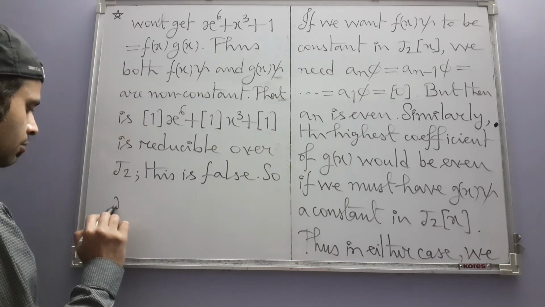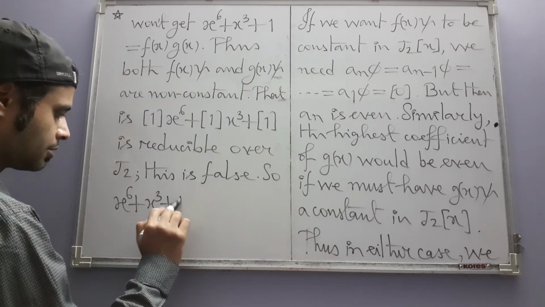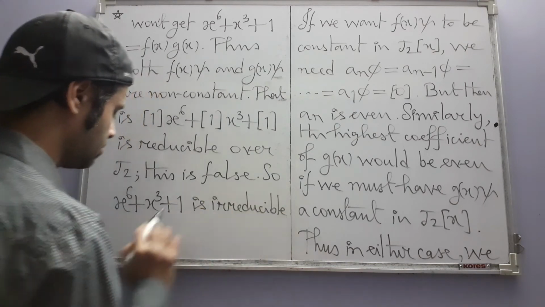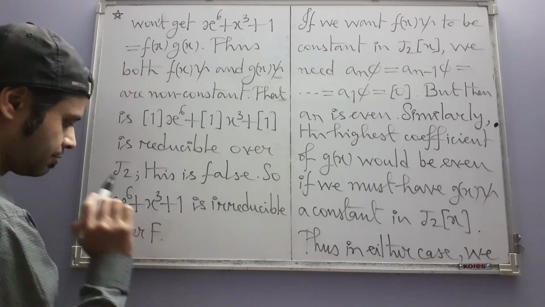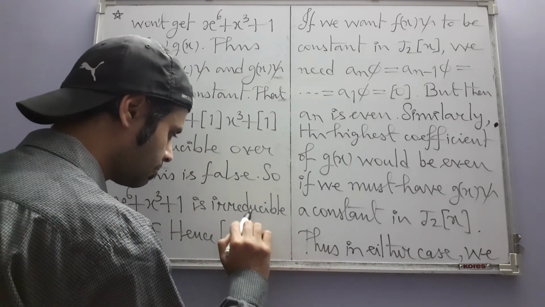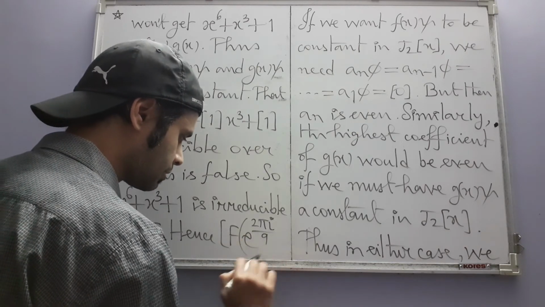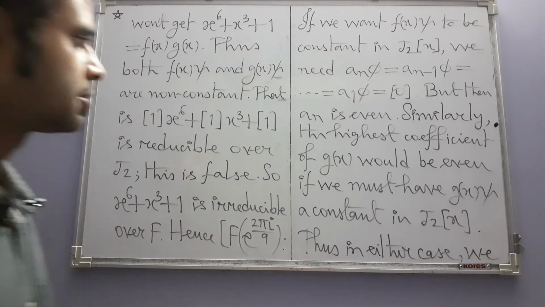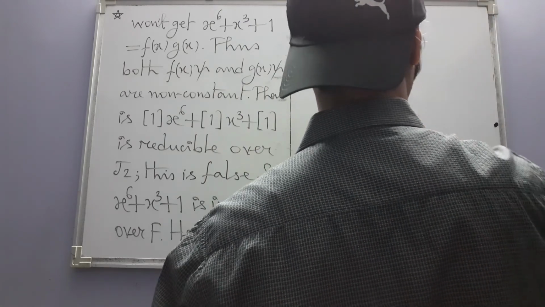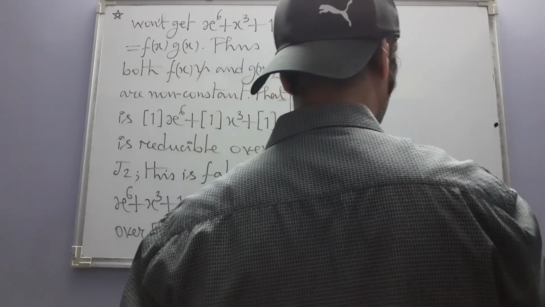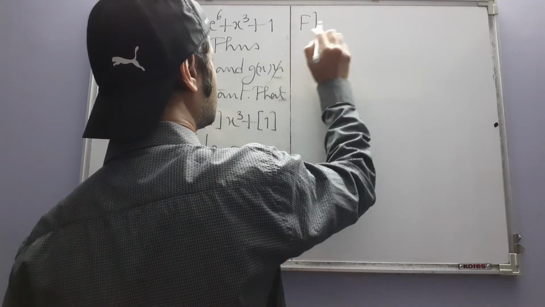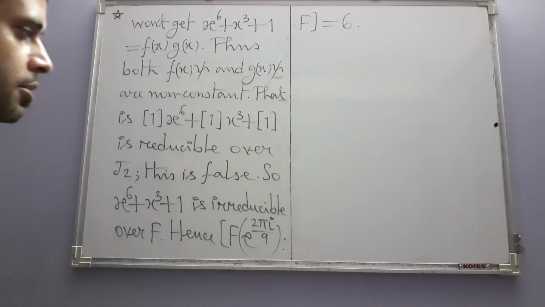So x to the power 6 plus x cube plus 1 is irreducible over Q. Hence the degree of our extension over Q is 6. So in this case the degree is 6.